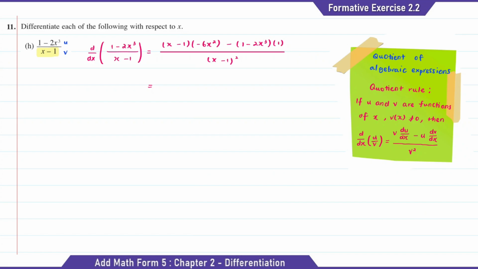For the numerator part, expand it, you're going to get negative 6x cubed plus 6x squared minus 1 plus 2x cubed. Solve this, then we're going to get 6x squared minus 4x cubed minus 1 over x minus 1, squared.